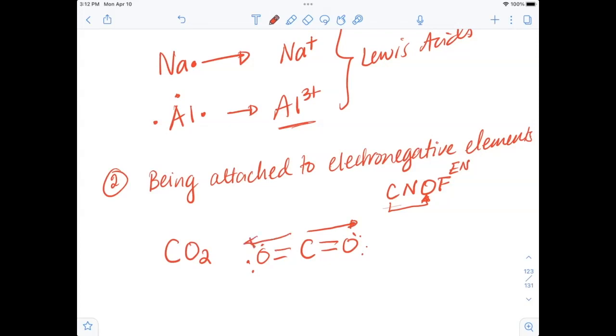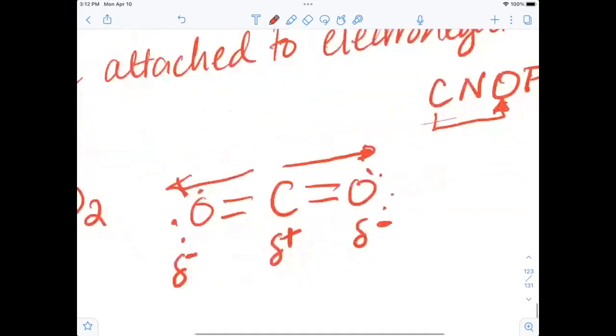So carbon is facing the pulling twice. Each oxygen is pulling electrons to itself, right? Making that carbon partially positive. So even though it technically still has its electrons, the carbon is now partially positive because of the two oxygens on either side pulling electrons.